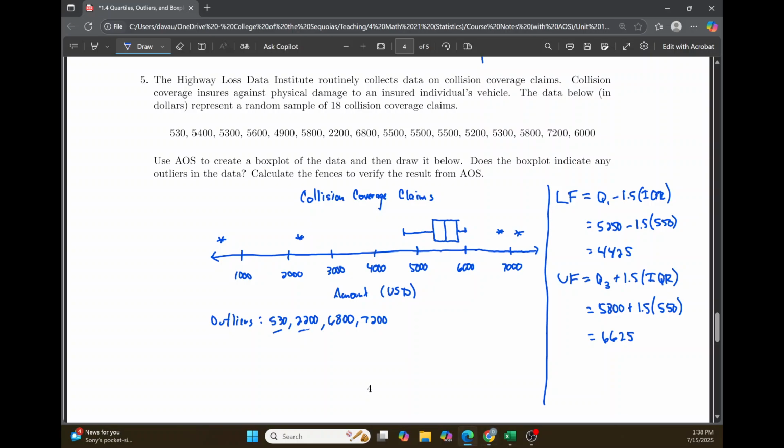So you can see why 530 and 2200 were outliers because they're both below that lower fence. But 4900 was not an outlier because it's not below the lower fence, right? Whereas on the upper fence, we can see that 7200 and 6800 were outliers because they're both above 6625, but 6000 is not an outlier. Oh, it's easier to look at this in Art of Stat, isn't it?